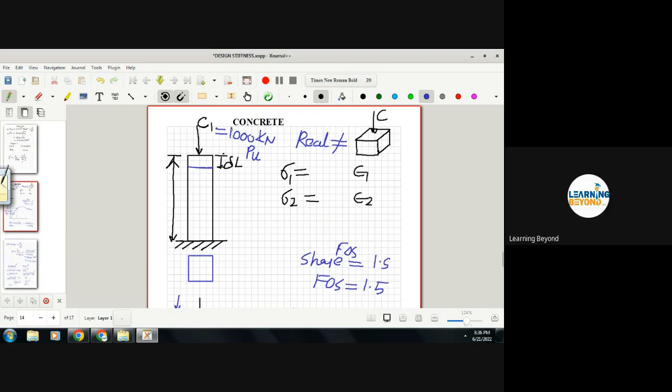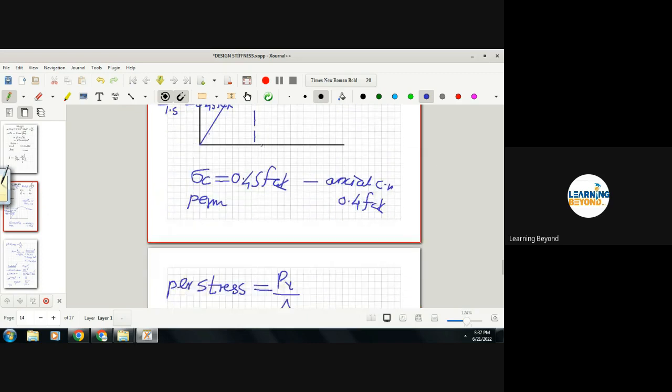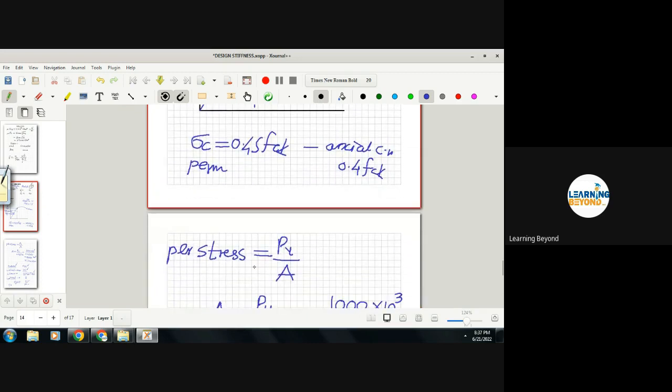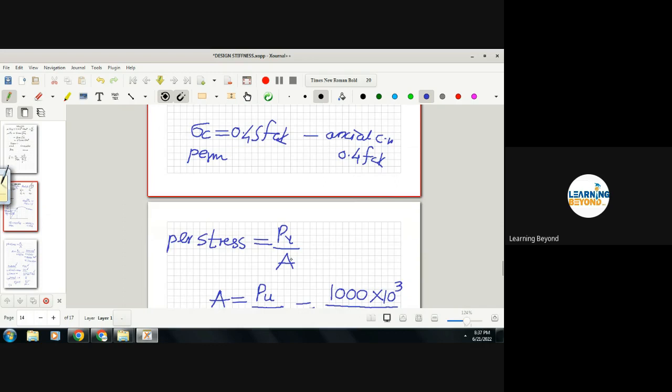See, let's say we have a compression force on the column. Ultimate compression as 1000 kilonewton. Now I am asking you, please design the section for this column, so that it can take 1000 kilonewton load. So whenever we design, you know that permissible stress is nothing but force upon area.